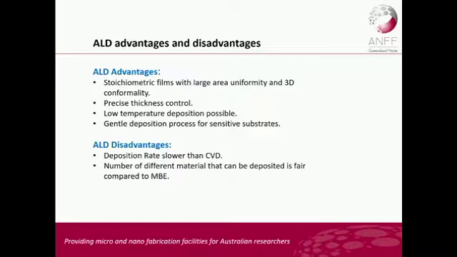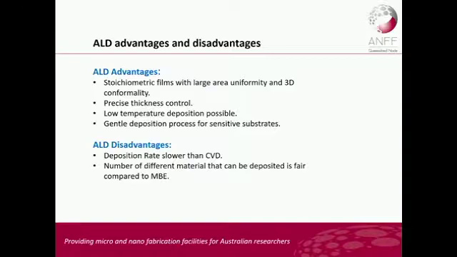So what's the advantage of ALD? ALD gives you very precise thickness control, because every time you only grow one atomic layer, and you have a very good stoichiometric film. It's a low temperature process, and it's a very gentle process.